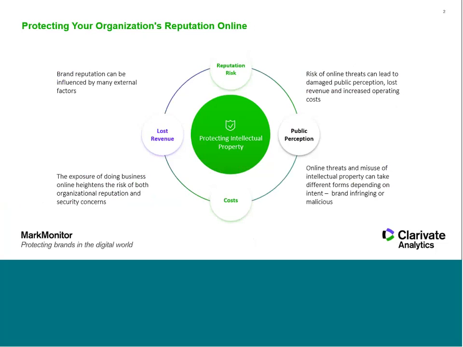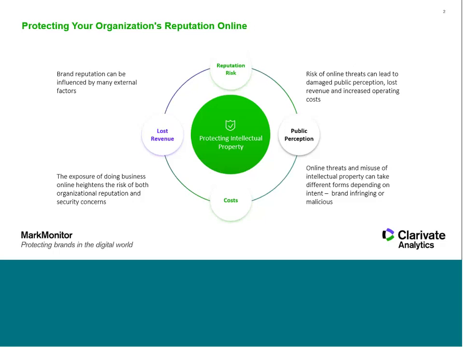This diagram is going to give a good representation of the impact of doing business online. Brick-and-mortar establishments must contend with physical security, but in the online world, threats are more prevalent and insidious. Misuse of intellectual property, or more malicious threats, can impact an organization's reputation through changing public perception.